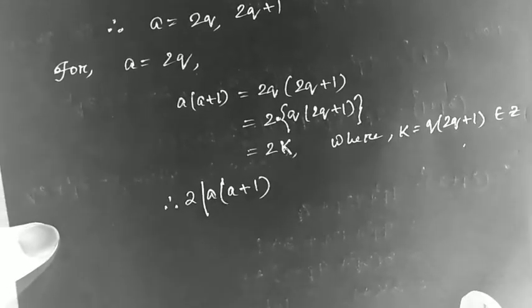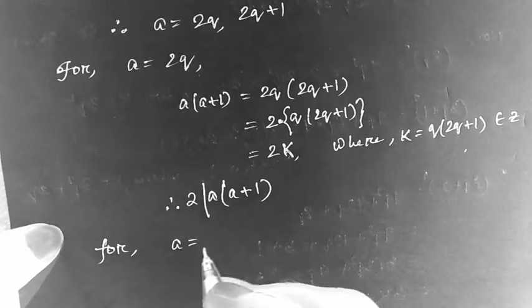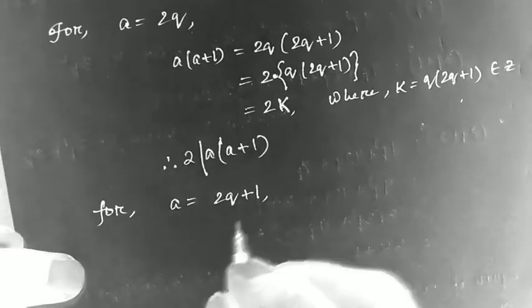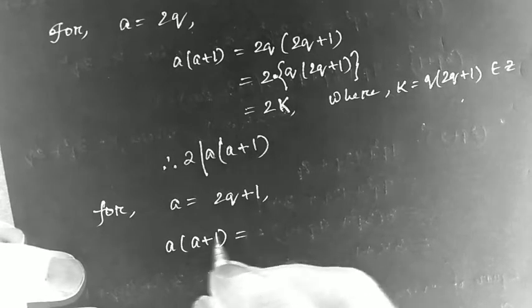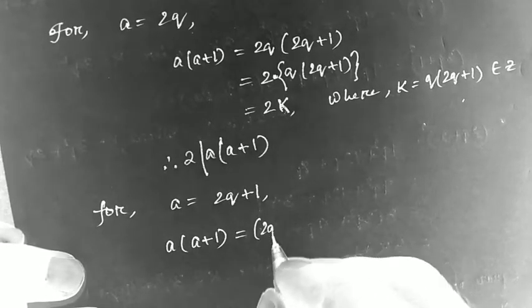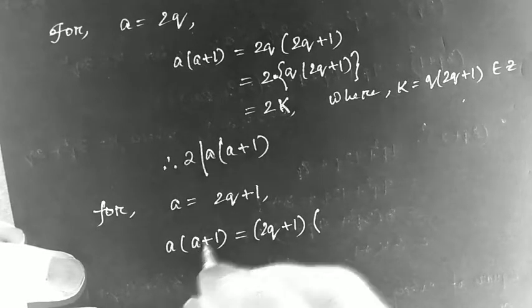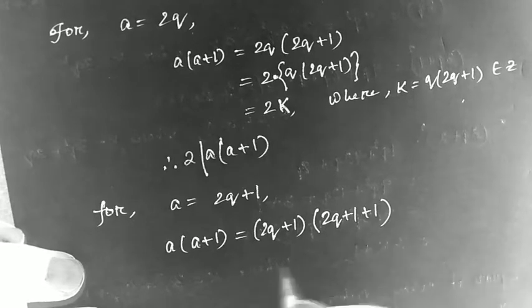So let's see for the second integer. For a equal to 2q plus 1, no? For 2q plus 1, a into a plus 1 is equal to, a means 2q plus 1, and into here a means 2q plus 1 and plus 1.